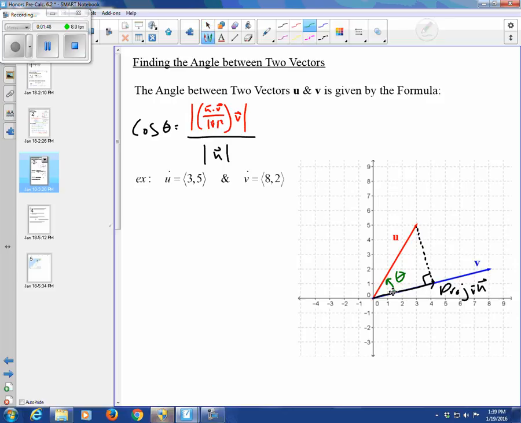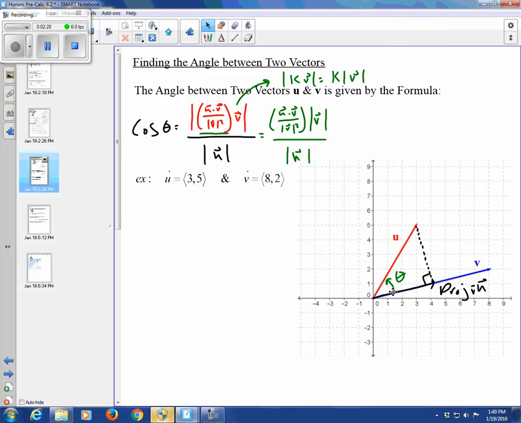Now we know that the magnitude of a scaled vector is equal to the magnitude of the vector times the scalar. So we can evaluate the magnitude of the projection of u onto v as the scalar u dot v over the magnitude of v squared, times the magnitude of v, and that's over the magnitude of u.